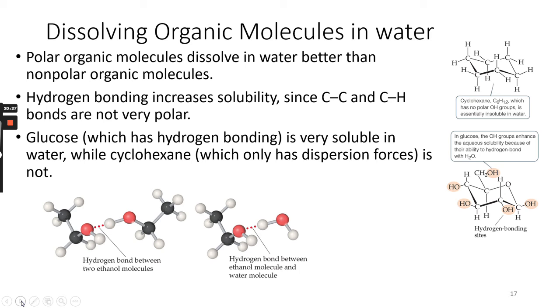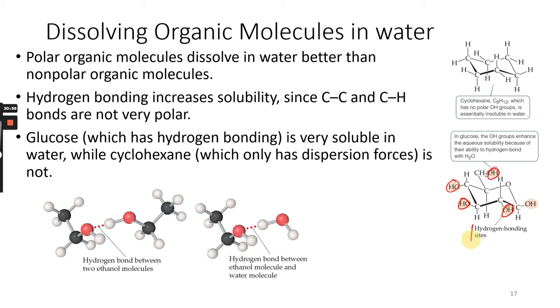What about dissolving other organic molecules in water? As long as your organic molecule is polar, it will dissolve in water much better than a nonpolar organic molecule. If your organic molecule has hydrogen bonding in it, it will increase solubility even more. So here are two examples of organic molecules. Glucose, which has these OHs on it. See these OHs here?